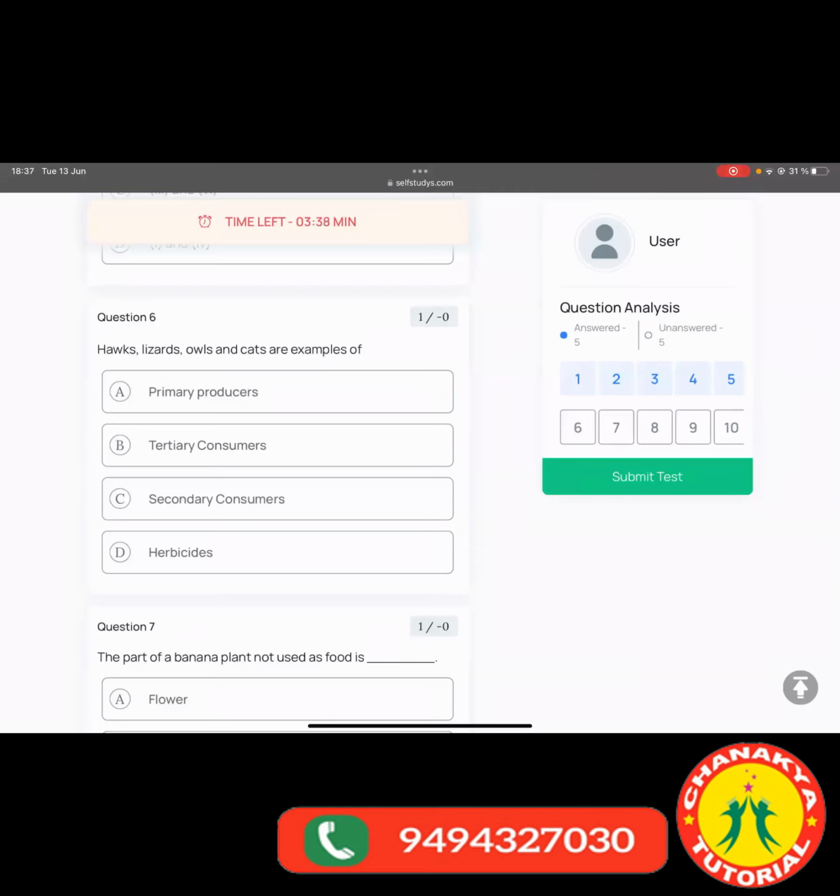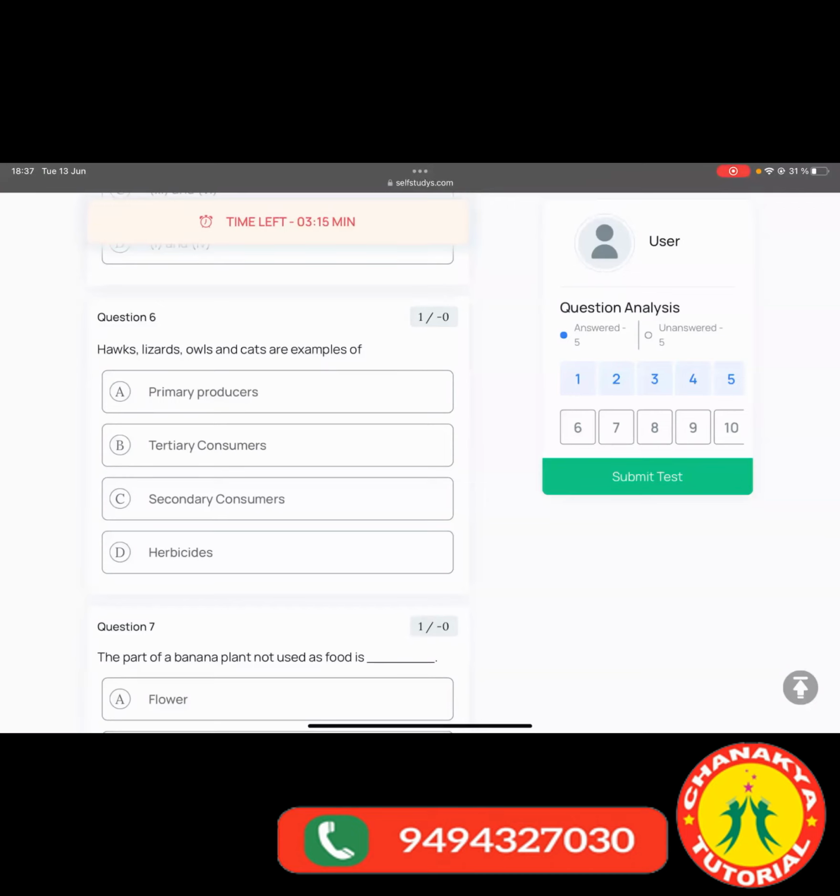Primary producers are the basic producers. Everything that we eat ends up going back to the plants only. Even if a lion is eating a goat, this goat is eating a plant only. So somehow the plant is linked to the food chain of a carnivore or an omnivore. So the primary producers are always plants.